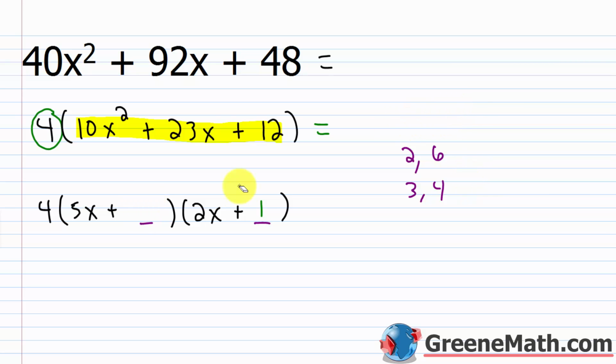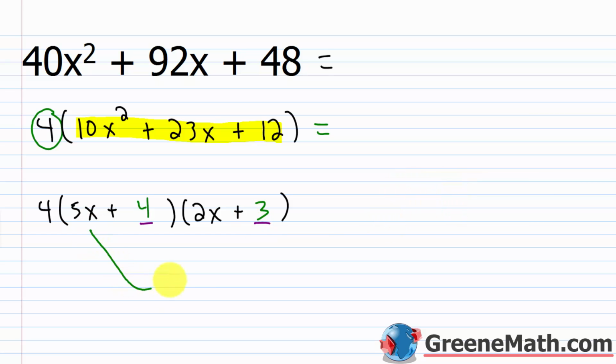I'll just erase it because I don't have anything else to check with it. So now I'm going to go with 2 and 6, and that's not possible at all. If I put a 2 here, I have a common factor of 2. If I put a 6 here, I have a common factor of 2. So not possible. 3 and 4. I can't put a 4 here, so it has to be true that this is a 3 and this is a 4. No other combination is possible. So if this does not work, we have a prime polynomial.